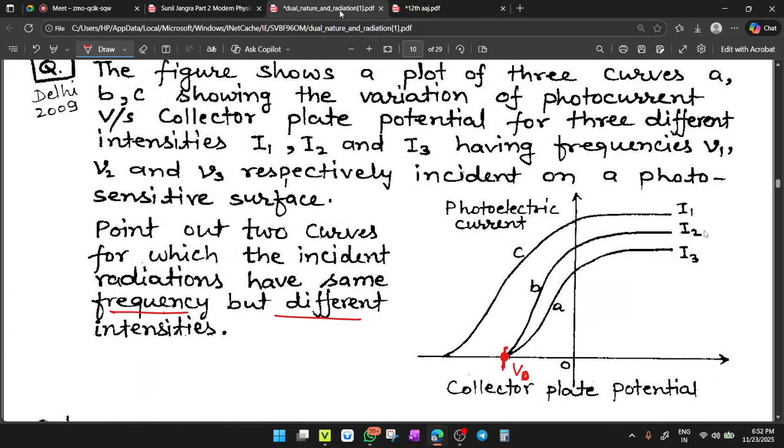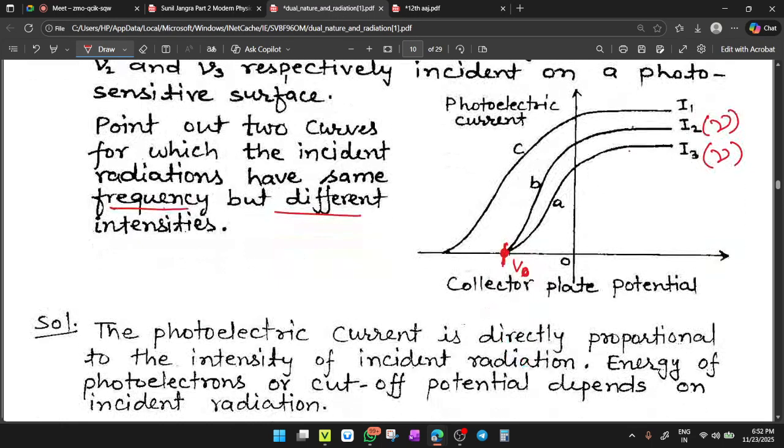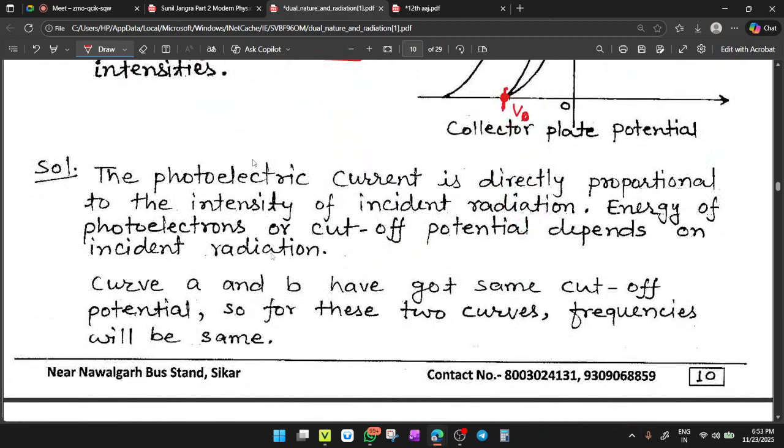So for these two signals, the radiations of intensity I2 and I3 have the same incident frequency. If the first one has incident frequency nu, the second one also has frequency nu. Clear? They may have different intensity, but they have the same frequency. The photoelectric current is directly proportional to the intensity of incident radiation.